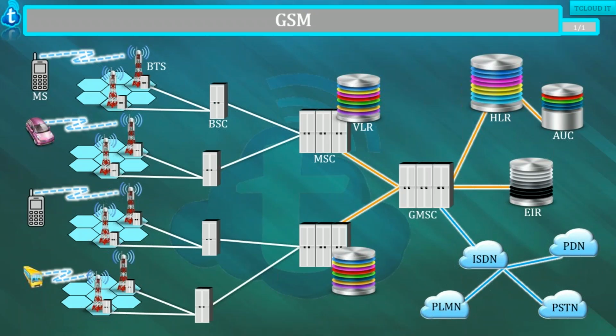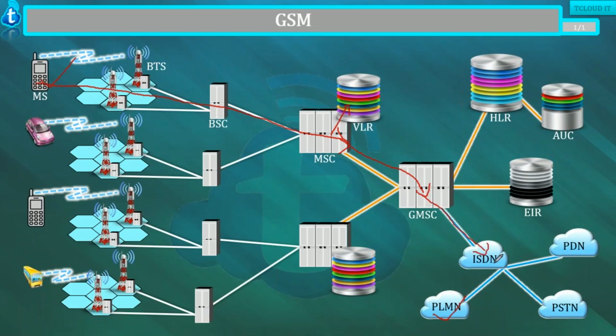Okay, so now what happens? The call might get initiated anywhere, and it doesn't matter. For example, this guy is making a call to a guy who is present in one of the PLMN networks. Once the call details come to MSC, MSC will check in VLR and find out that so-and-so user is not available in his database. So he will conclude that the call must be forwarded to GMSC.